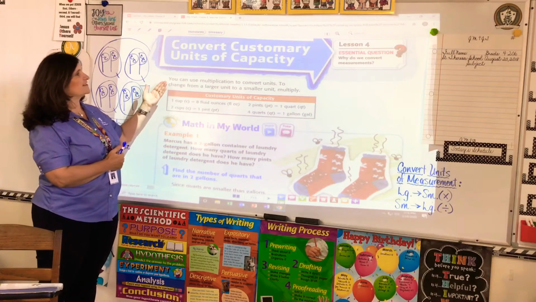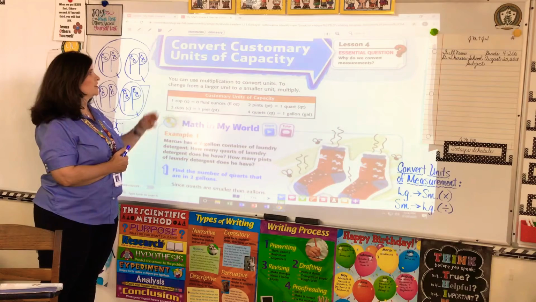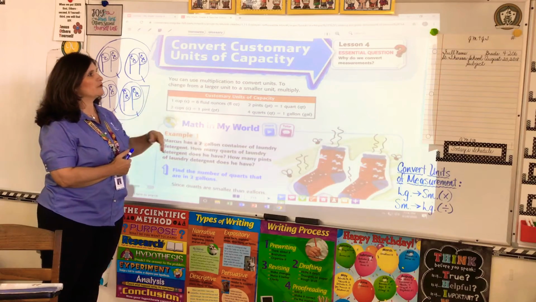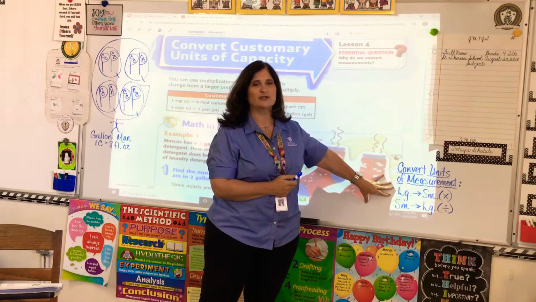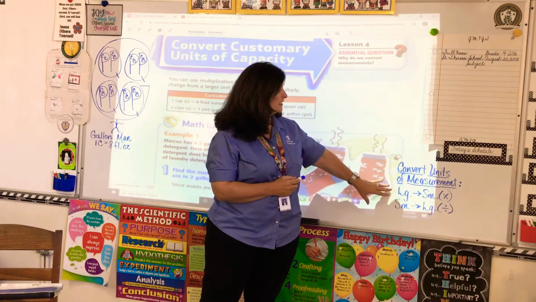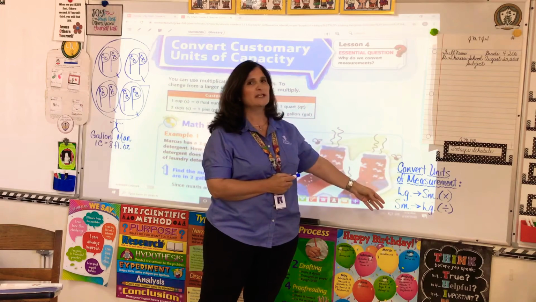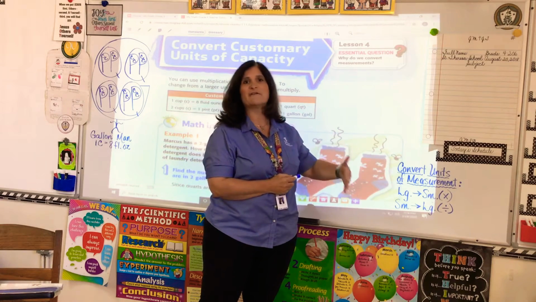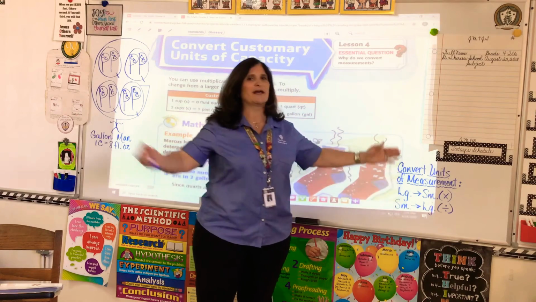Now we start with, it says you can use multiplication to convert units. To change from a larger unit to a smaller unit, multiply. Now I added this, which you might want to add to your chapter 11 notes. Today we're doing capacity, but this information can help you with conversions of any type of measurement. If you go from a large unit to a small, you multiply.